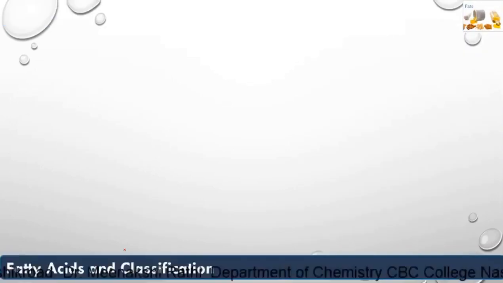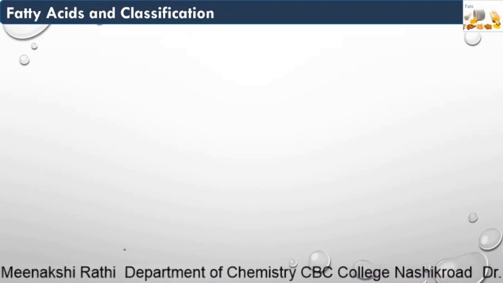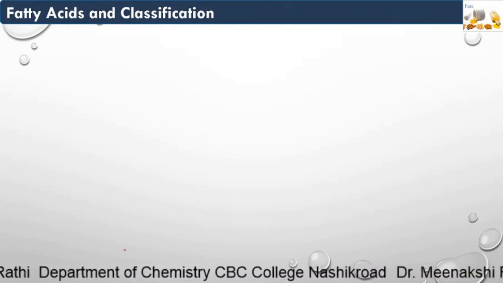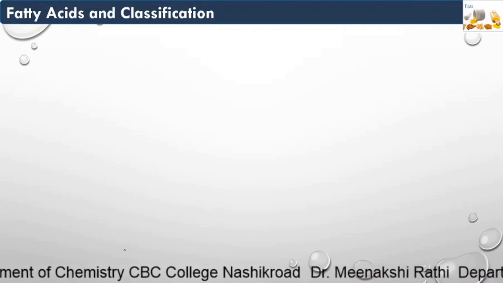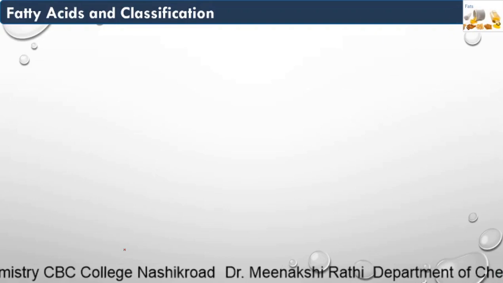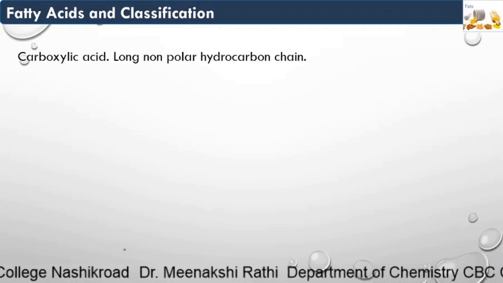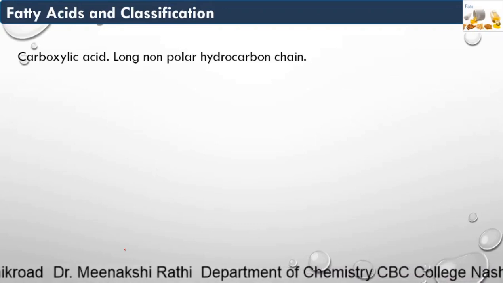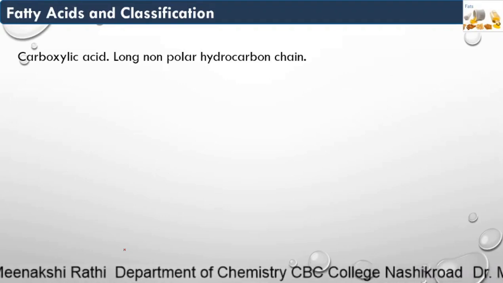Before starting the further study of lipids, first we will see fatty acids, because lipids are potentially related to fatty acids and are utilized in the living cells. So, first we will see what we mean by fatty acids. Fatty acids are actually carboxylic acids with a long non-polar hydrocarbon side chain with maybe 15, 16 and above carbon atoms.